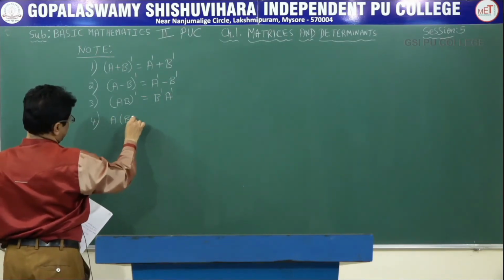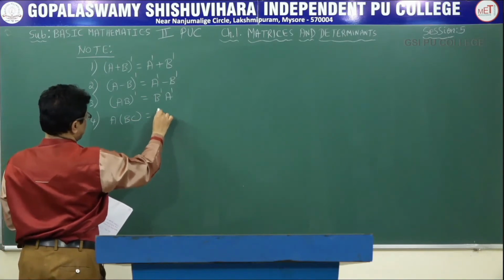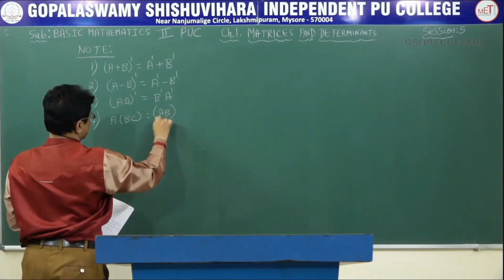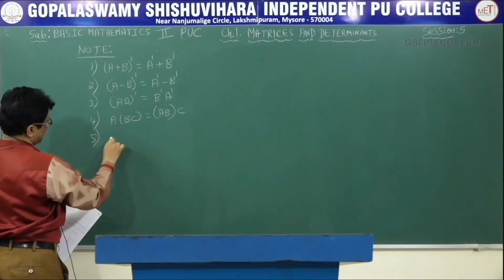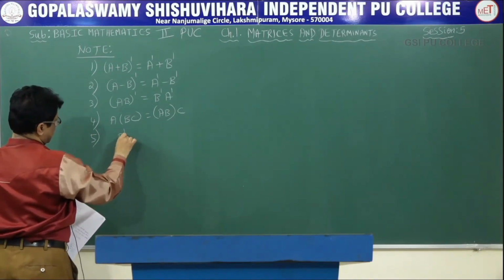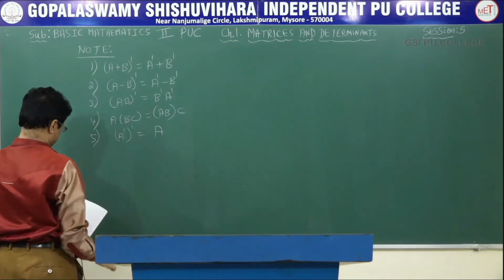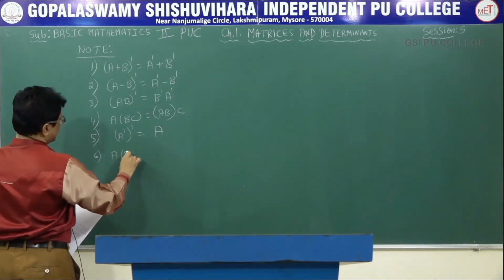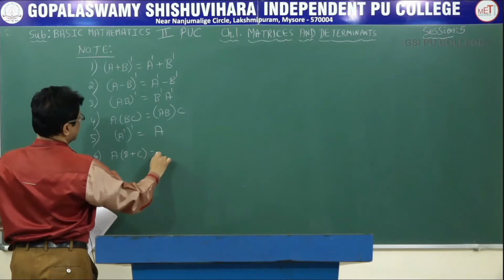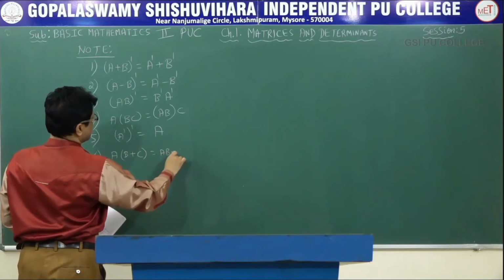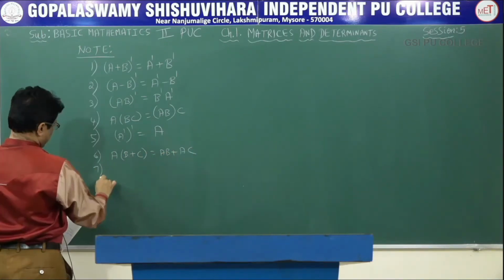A into BC is equal to AB into C. A dash whole dash will be equal to A. A into B plus C will be equal to AB plus AC.